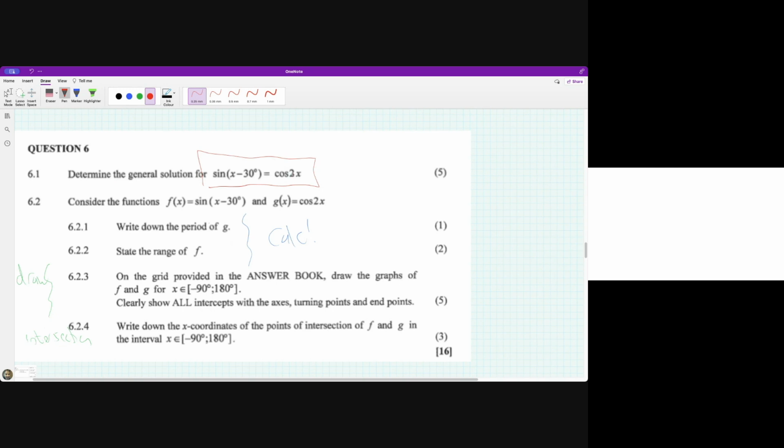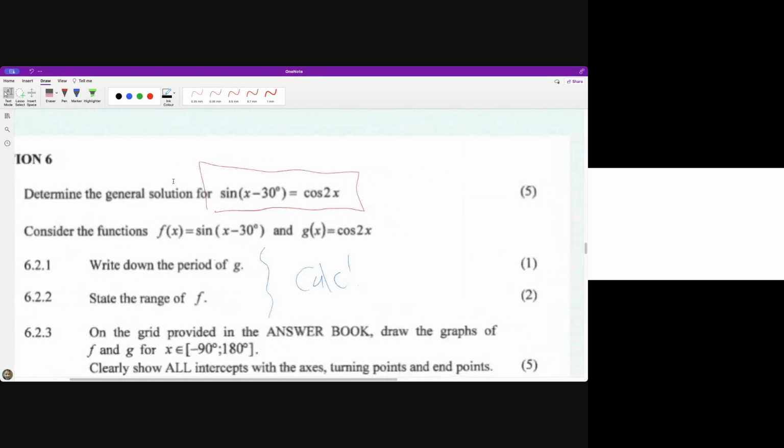Now, this is a bit harder than the typical general solution question you get. Why is this a bit harder? Who can tell me what makes this trig equation harder? And how do we deal with that difficulty?